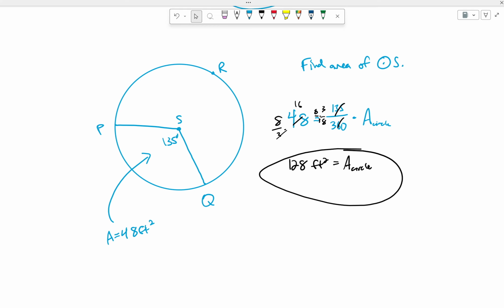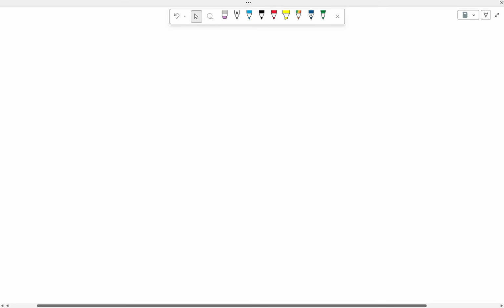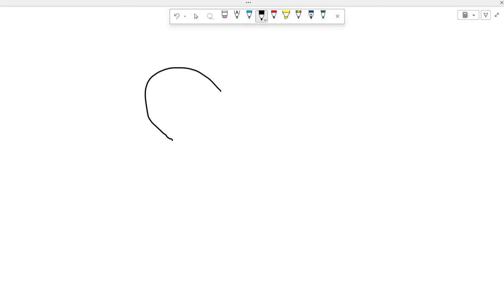Okay. Last but not least, fun problem here. Got this half circle. We've got this half circle. Okay. And then I've got this square. This is 8 meters.